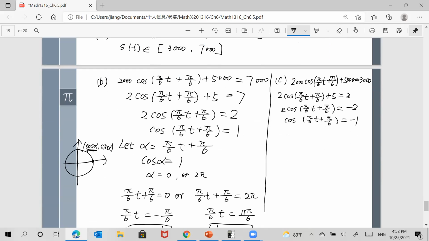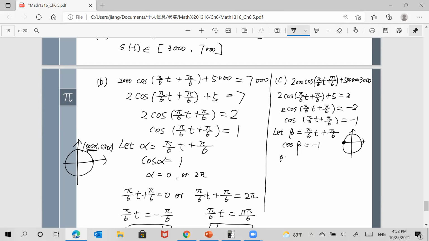And since we have used alpha here, we can use beta equals pi over 6t plus pi over 6. So cosine beta equals -1. So cosine at which position is -1? Cosine is -1, that means x is -1, which is here.